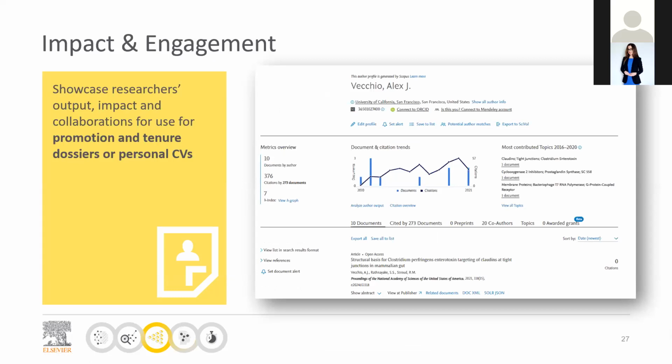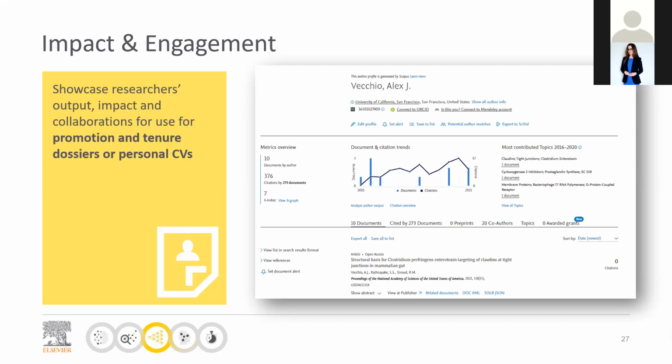It was changed a few months ago. So we have the name of the author, and here the first important part is that you have an edit profile button. By clicking this edit profile button, you can come and check or correct your profile, using the Author Feedback Wizard.